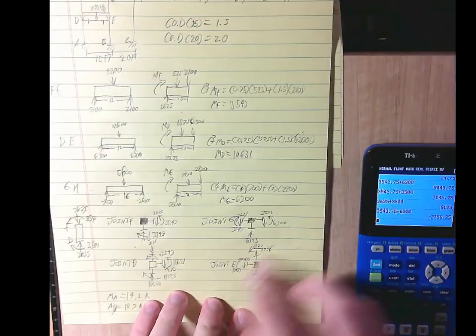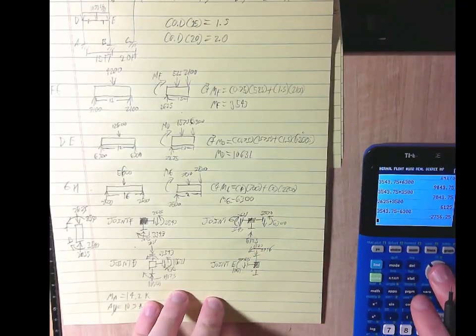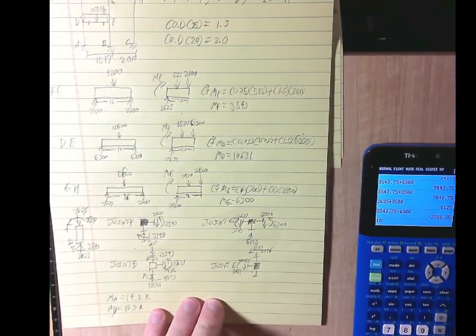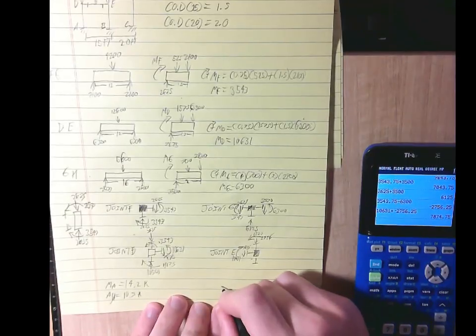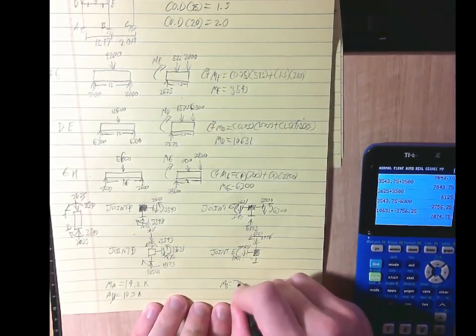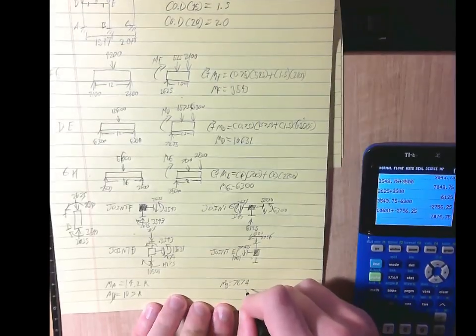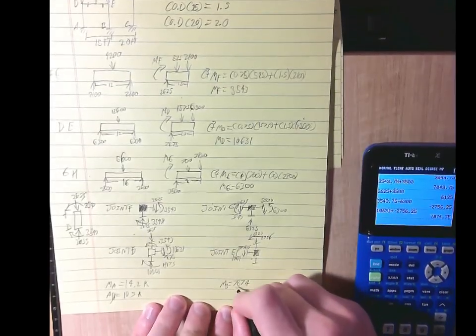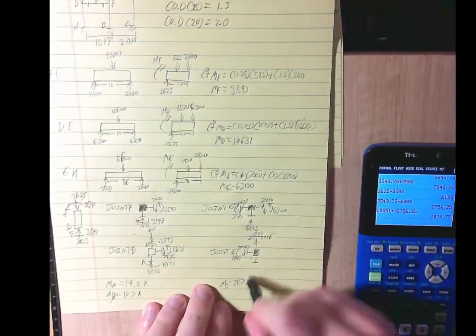Which means that we're going to have these two dueling it out. 10,631 plus that. We're going to have MB equals 78.74 or 7.9K.